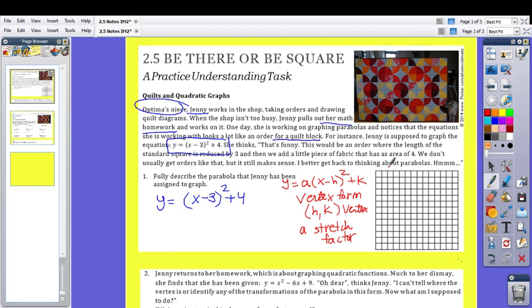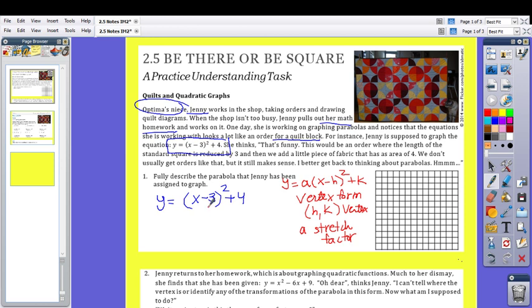And we also talked about that h decides if the graph will be moving left or right, and k decides if the graph will be moving up or down.